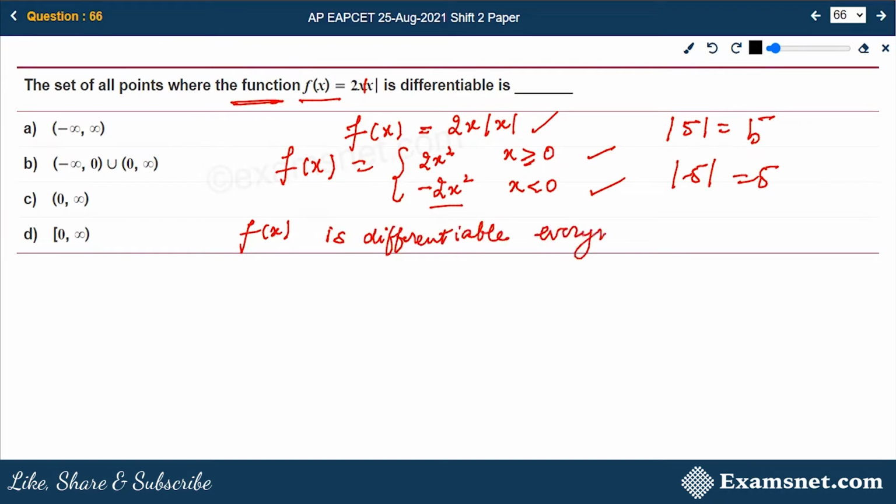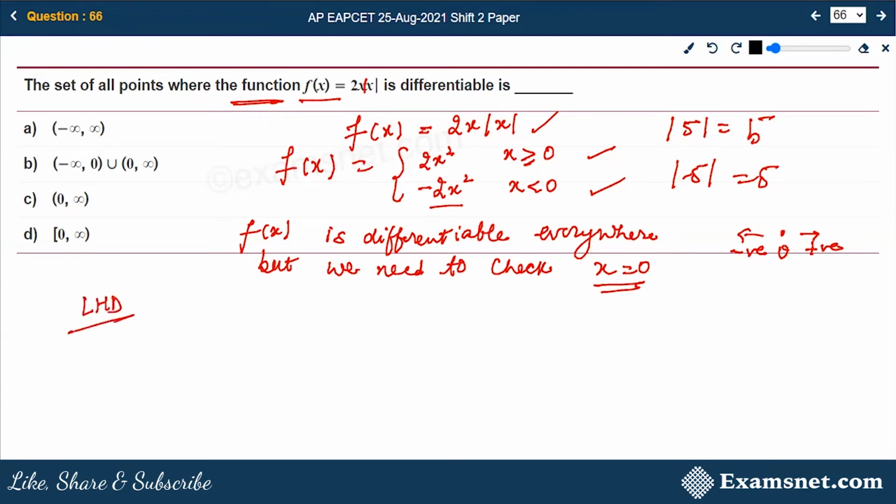we need to check for x equal to 0, right? We have to check the immediate positive values and immediate negative values around 0. Let's do that.